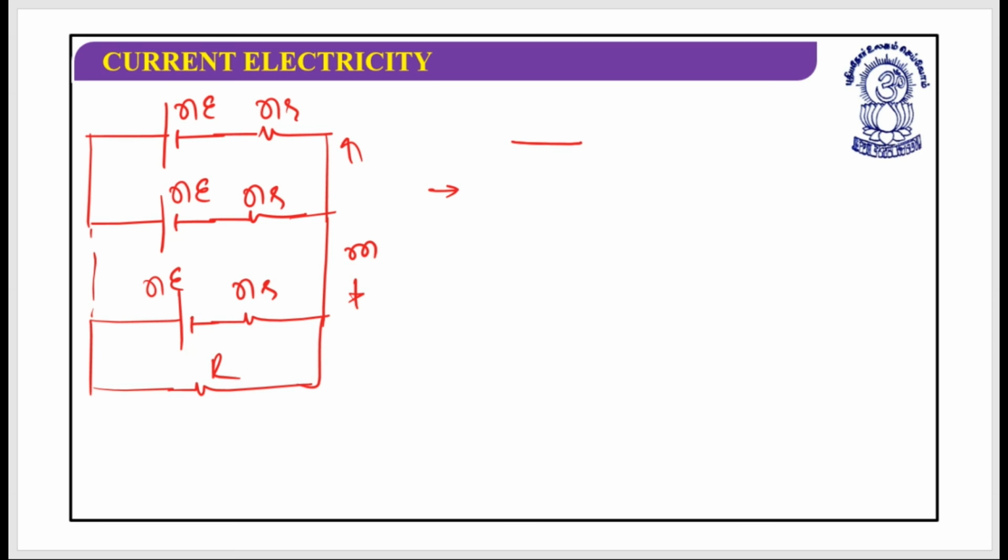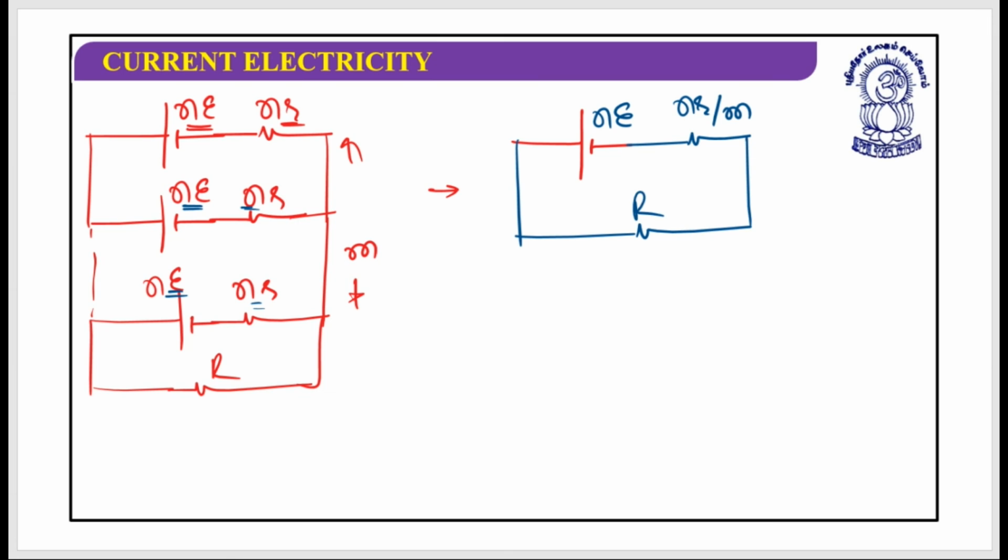Look at this, each one is an identical cell, so their equivalent EMF would remain the same, but their internal resistance changes, which is NR divided by M, in series with external resistance R. So I can write it like this: I equals NE divided by (NR by M plus R).